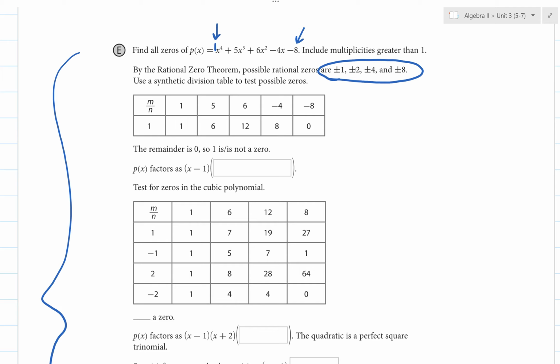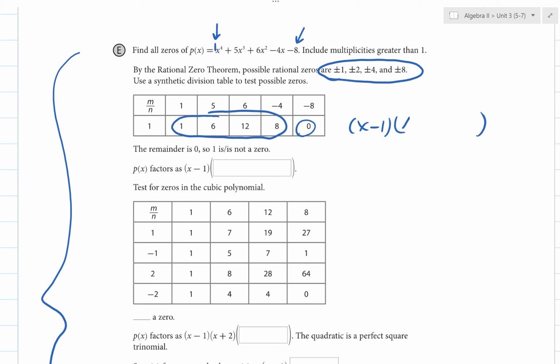1, and we end up with a list of plus and minus 1, plus and minus 2, plus and minus 4, plus and minus 8. And then we would go through and start testing all of those. Okay, so it looks like here in this example they tested 1, and it came out with a 0 remainder, so we found a root on the very first try. And so that means that x minus 1 is one of the factors, and the remaining factor comes from these numbers.